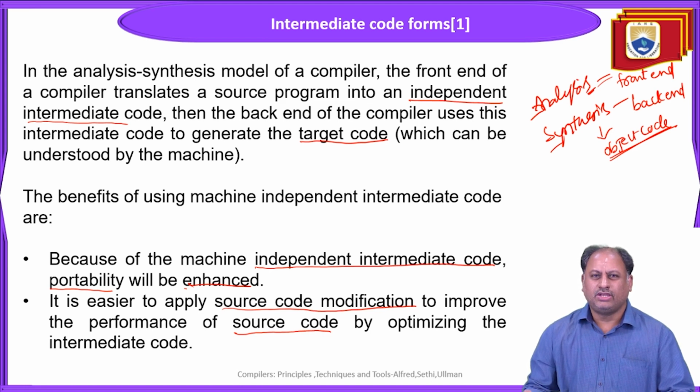There will be several techniques. We will discuss the techniques by which the optimization can be improved. Based on that, the code performance is also improved. So for that reason also, we can use this type of machine independent code generation feature in the analysis phase where the intermediate form is developed.